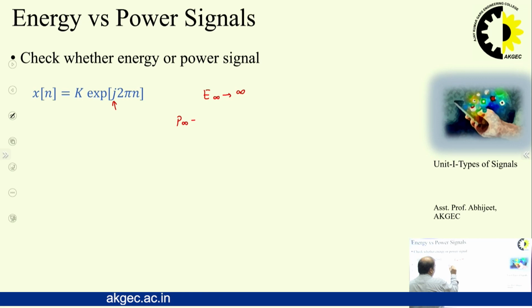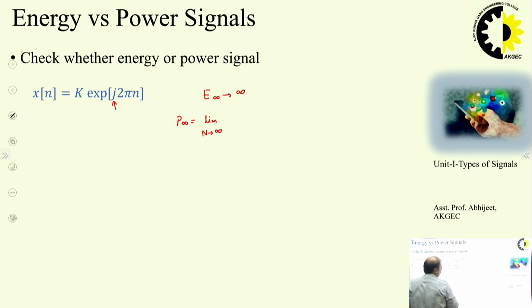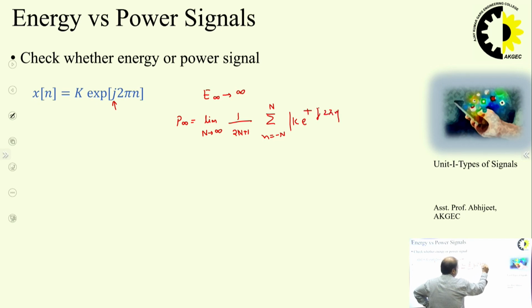The power content of the signal is limit capital N tends to infinity, 1 upon 2N plus 1, and the summation is n starting from minus N to plus N, and mod of this thing square. So it is mod of e raised to the power minus j 2 pi n, square.